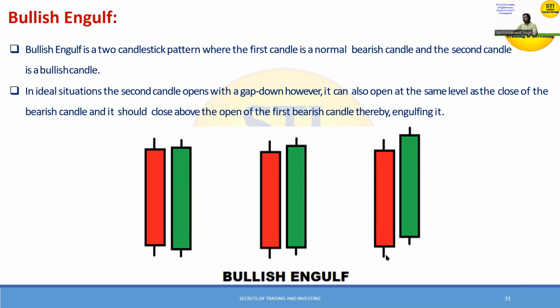The third is it may start at a gap up, meaning the next candle is not starting from the same level where it fell, but taking a little gap and then closing above the previous candle. Whatever the situation, all are examples of bullish engulfing.